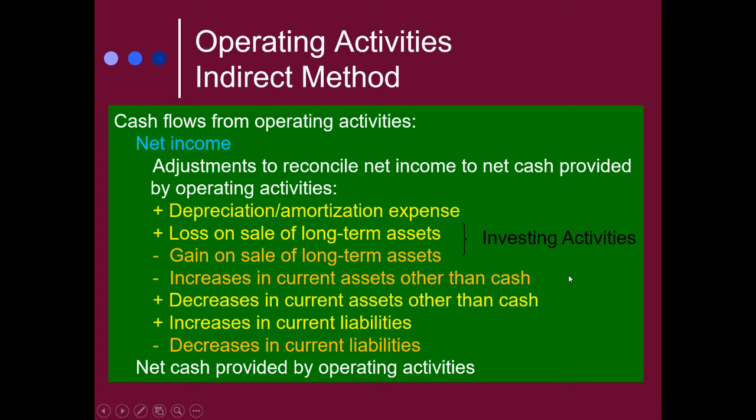This is the list of items that need to be adjusted when you do the indirect method approach. Basically what you can do is memorize whether it should be added or deducted.